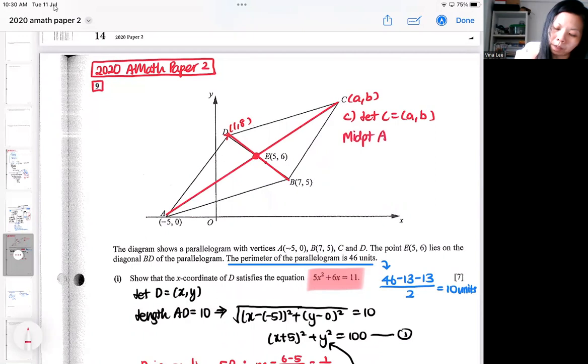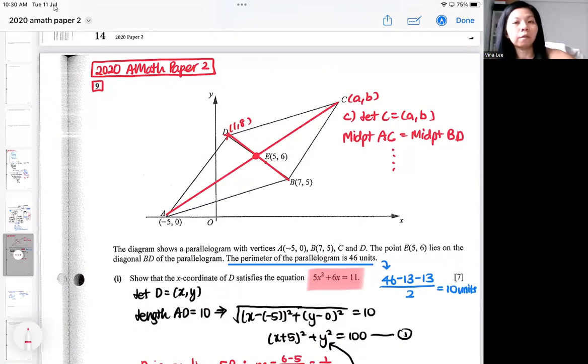So midpoint of AC will be equal to the midpoint of BD. So you try executing this method. This fourth coordinate method for a parallelogram will also work for a rhombus, rectangle, or square. So this one is a very basic and important method for O-level coordinate geometry.